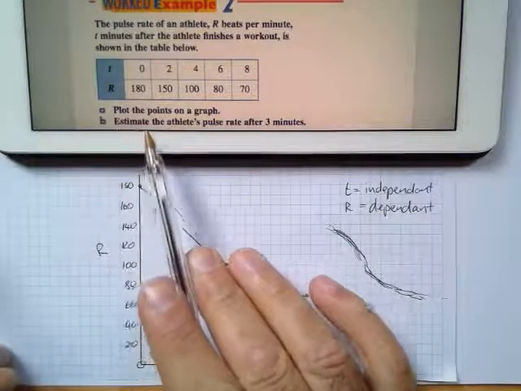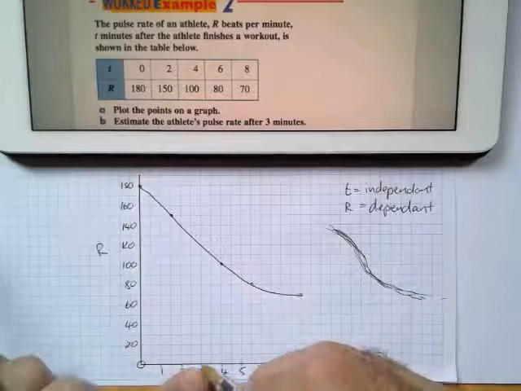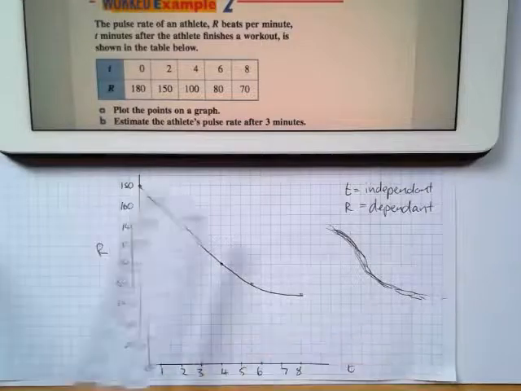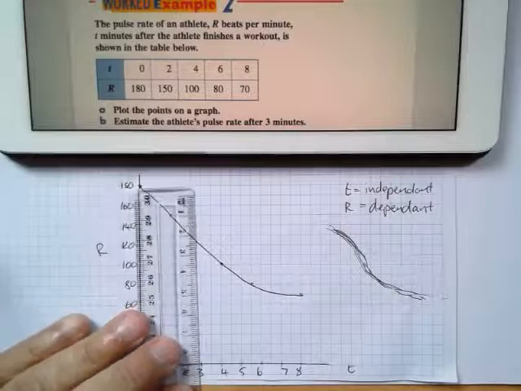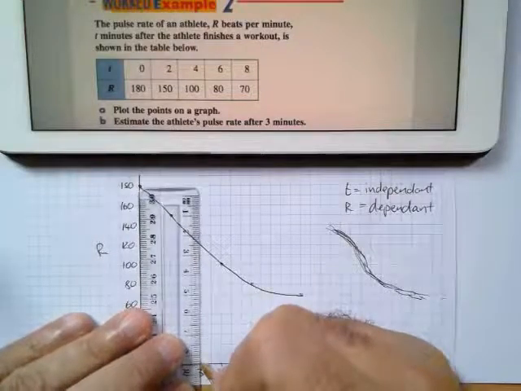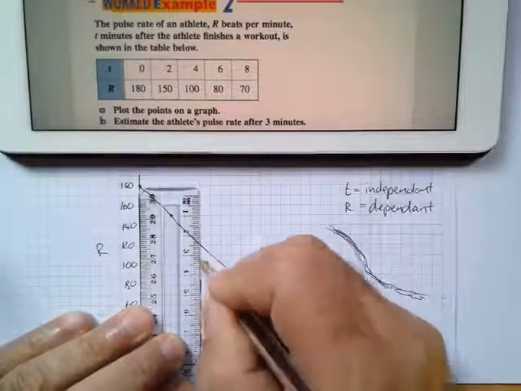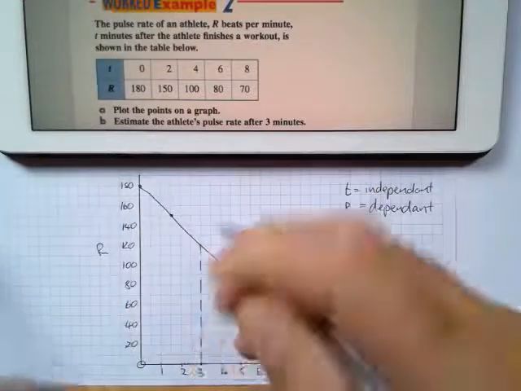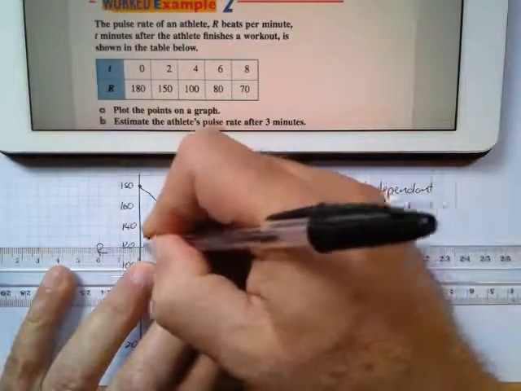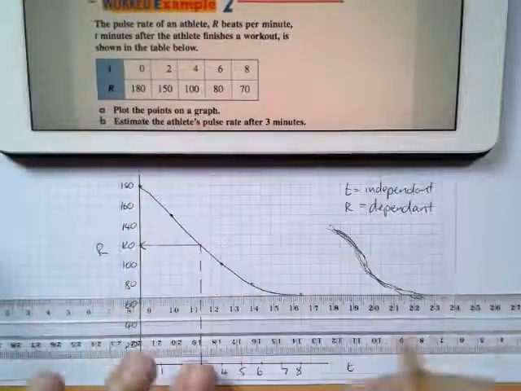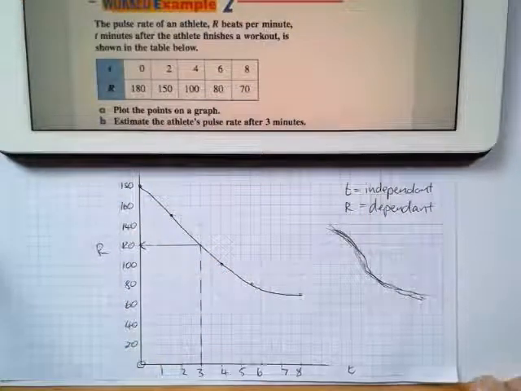Now they say estimate the athlete's pulse rate after 3 minutes. So after 3 minutes, and everybody's will be the same. If they say use your graph, you have to show this graph. So you have to show that I have gone from there up to a certain point, and then I went through, and this is an estimation because this is not a very accurate graph.